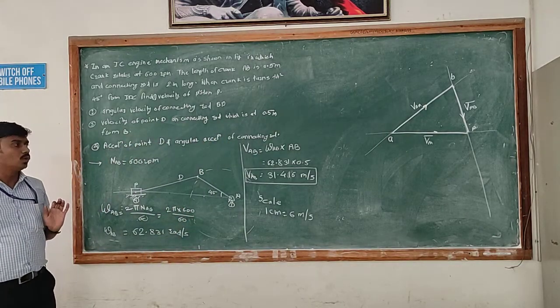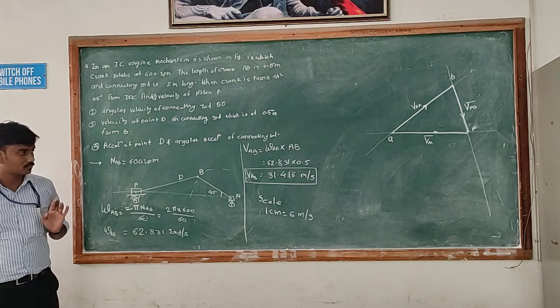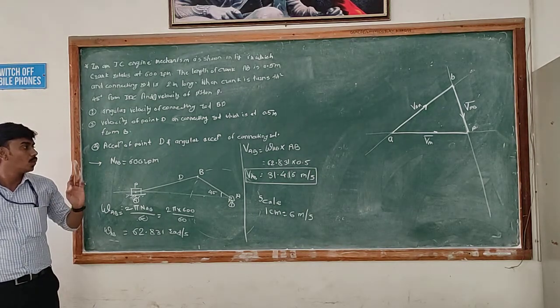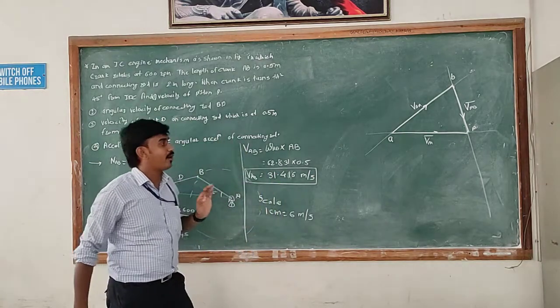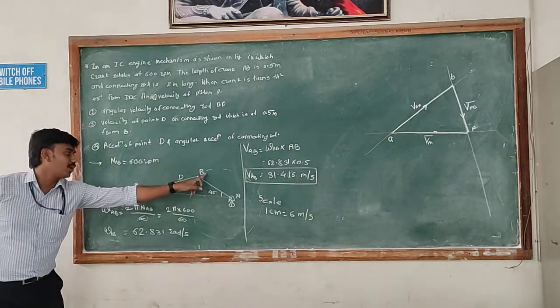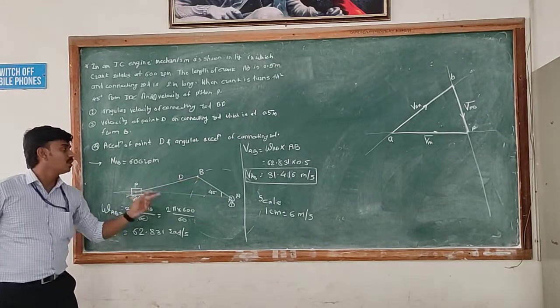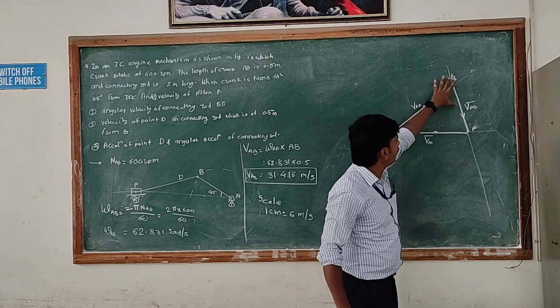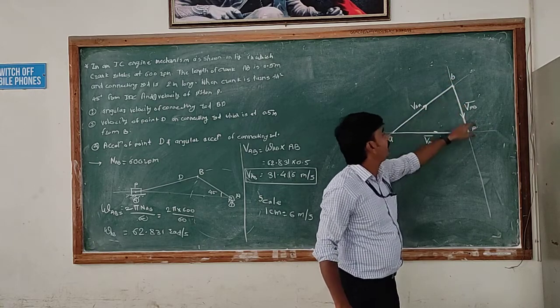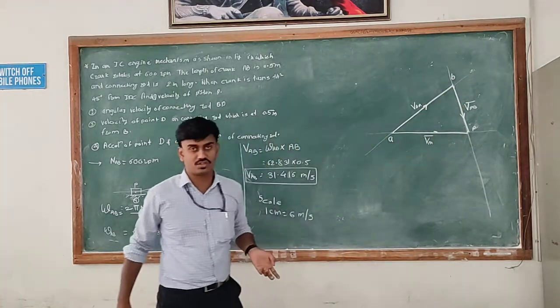Now we have to show this point D. The point D lies on the connecting rod BP, so the point D should lie on this vector B to P. But where is its exact position?